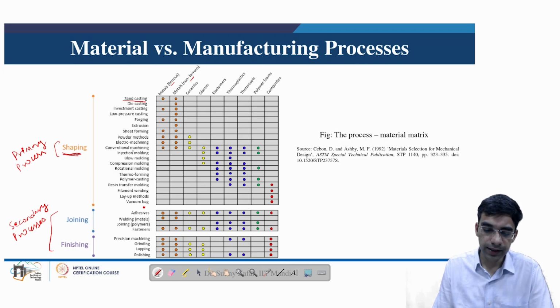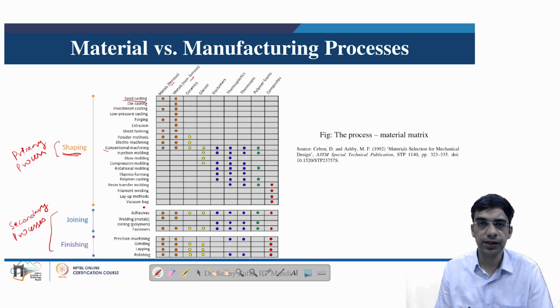We can take any other example, for example conventional machining. So conventional machining, we know, is a subtractive manufacturing process where material removal is done by physical contact between the tool and the workpiece, and in all conventional machining processes the hardness of the tool is higher than the hardness of the workpiece.